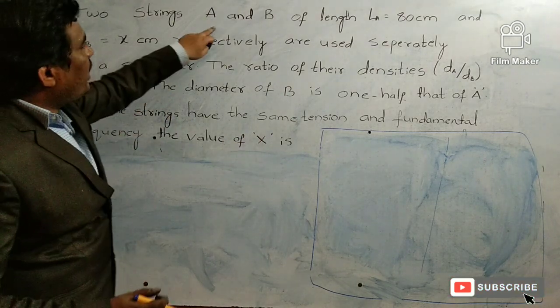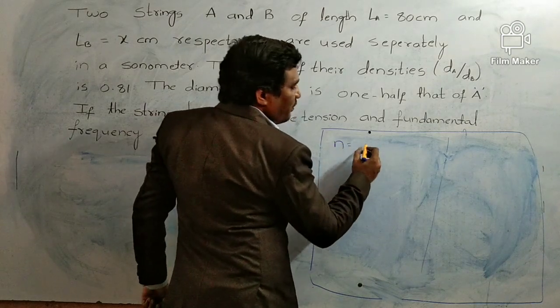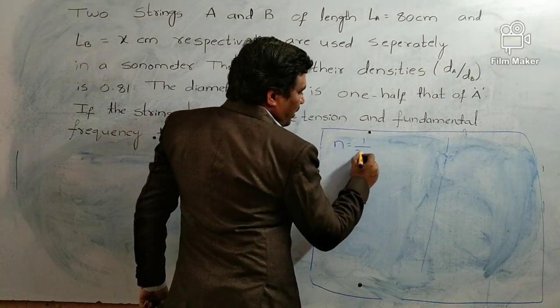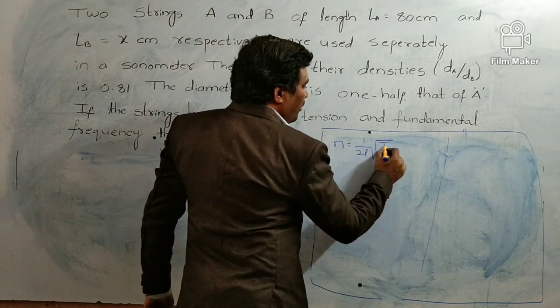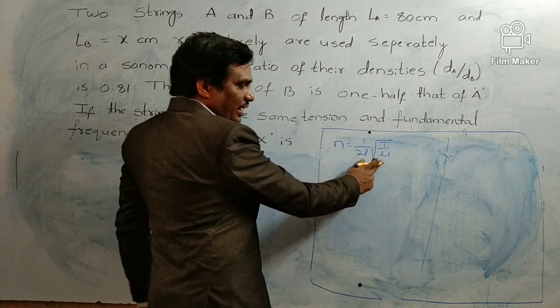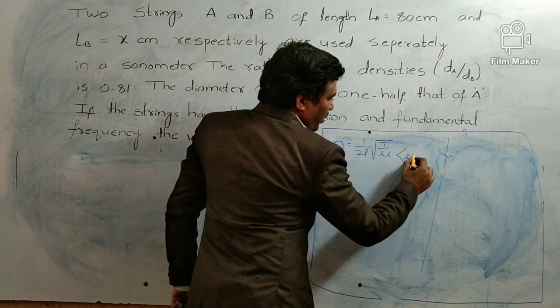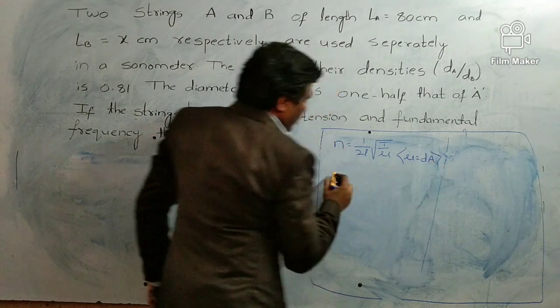So we have to write one formula, that is the fundamental frequency in terms of density. The fundamental frequency formula is n equals 1 by 2L into under root of T by mu. Mu means linear density. So mu equals density into area.